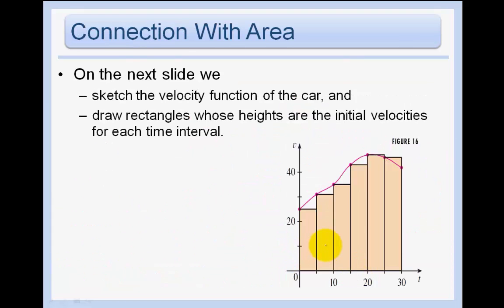So here we're going to just sketch the velocity function of the car. The velocity function of the car is sketched here. We're going to just draw rectangles whose heights are the initial velocities for each time interval. And we actually used left endpoints in our last example, which is what is drawn here. You see the left endpoints are used here to draw the rectangles.